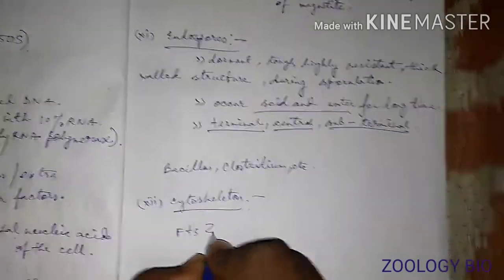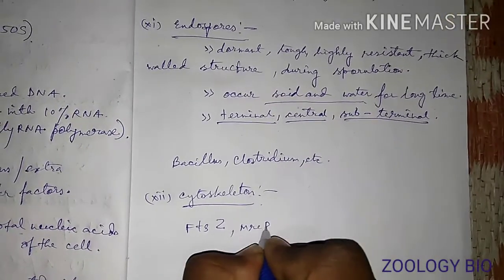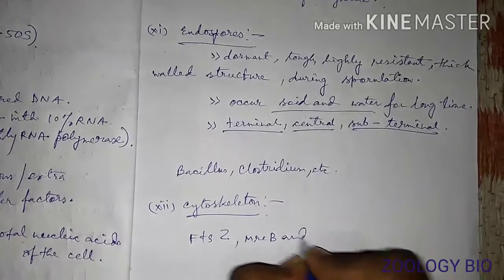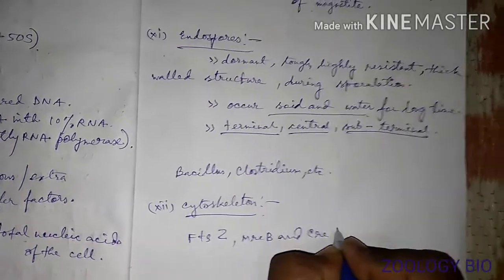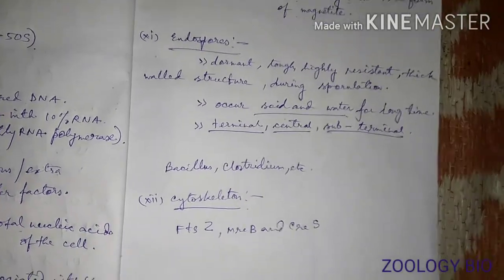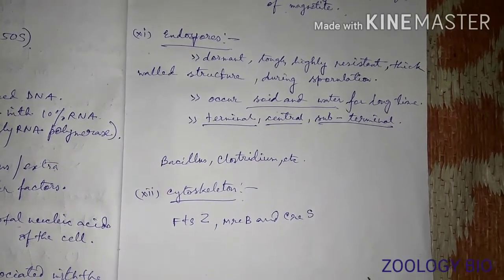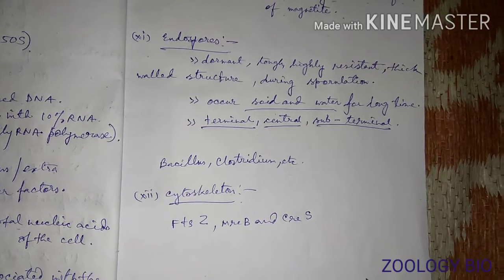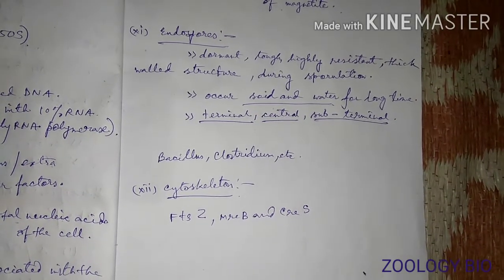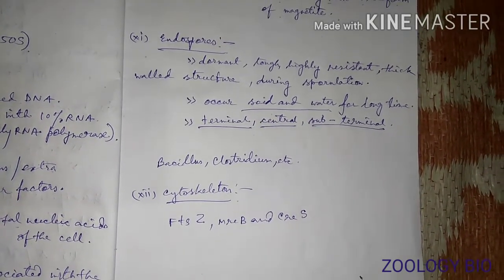FtsZ, MreB, and CreS have been proved to be bacterial counterparts of eukaryotic tubulin, actin filaments, and intermediate filaments, respectively.